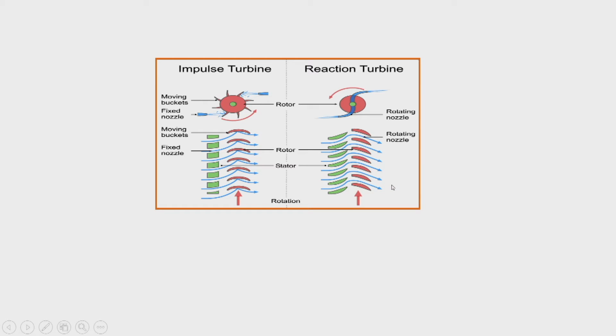Here the flow is moving in downward direction and as a reaction there is rotation of the turbine blade in the opposite direction. So this is how the impulse and reaction turbines operate for the gas turbine.